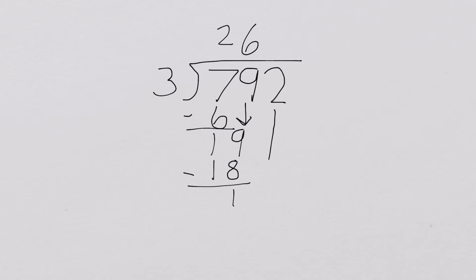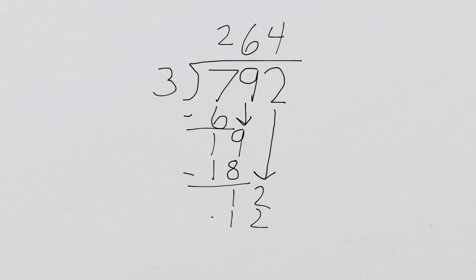Now we bring down our last number, 2. And now we have 1 ten left over and 2 ones. So we're going to treat those as if they're just 12 ones. And once again, find a multiple of 3 that gets us close to 12. Well, 3 times 4 is 12.